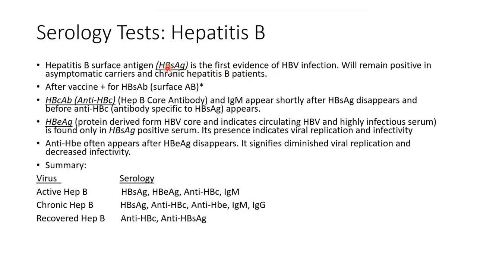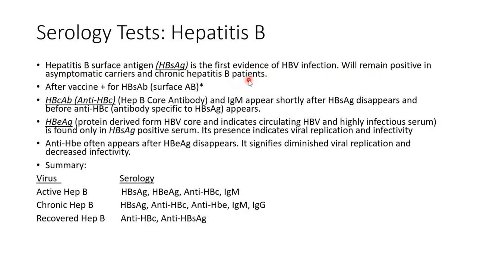Now, there's two different antibodies we're going to talk about, but just keep in mind it's called an HBsAg. Hepatitis B surface antigen is the first evidence of hepatitis B infection, and will remain positive in asymptomatic carriers and chronic hepatitis B patients.